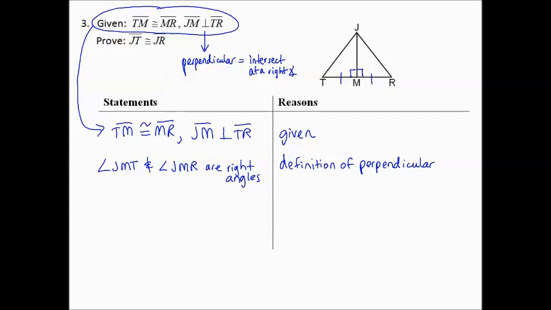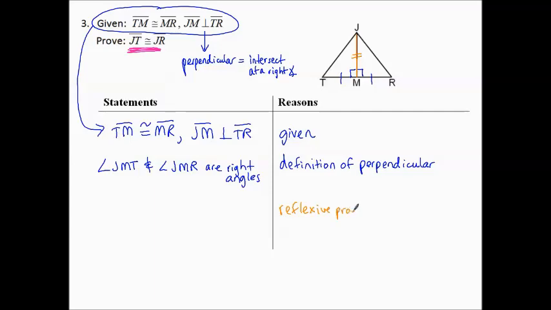Now, I'm trying to prove these segments are congruent, but I've got to get the triangles to be congruent so I can do that. So if I look at one triangle, notice I only have a side and an angle mark. Not enough information. Let's try to mark more things. How about this shared side? Reflexive property? You betcha.